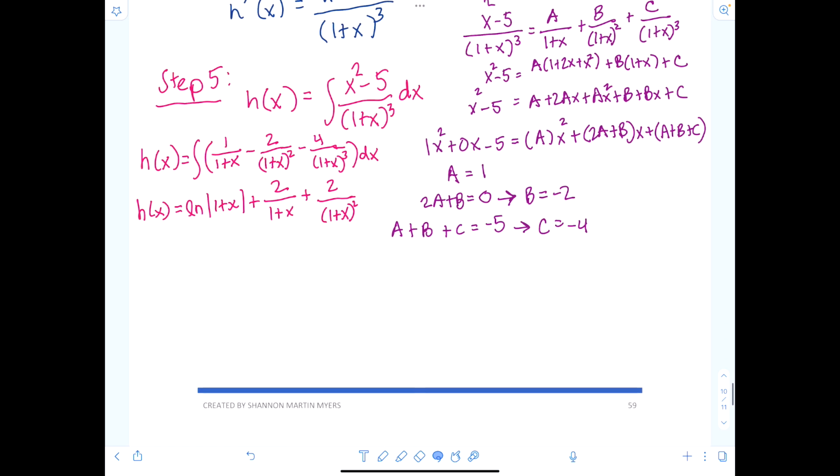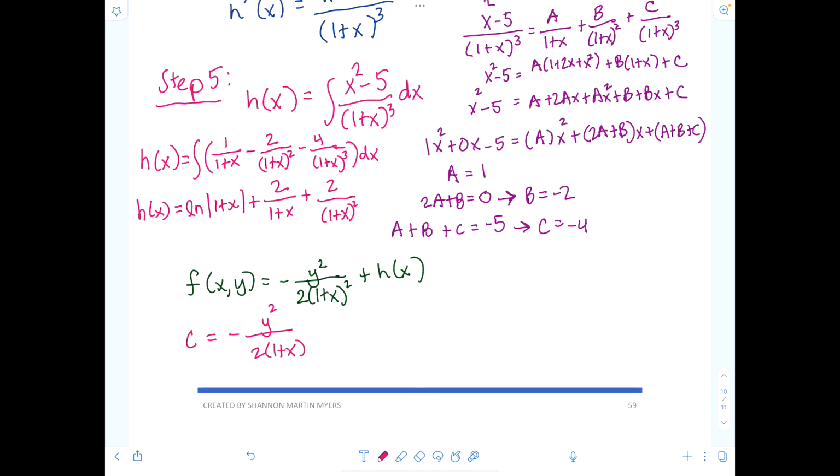And so, plugging in h of x into this equation, setting f of x and y equal to c, we will have negative y squared over 2 times 1 plus x, the quantity squared, plus h of x, which is all of this stuff we just found: natural log absolute 1 plus x, plus 2 over 1 plus x, plus 2 over quantity 1 plus x squared.